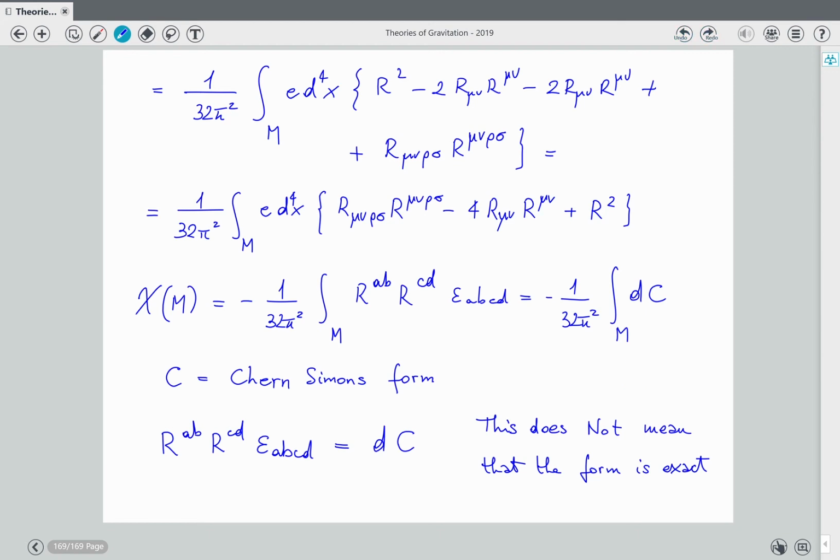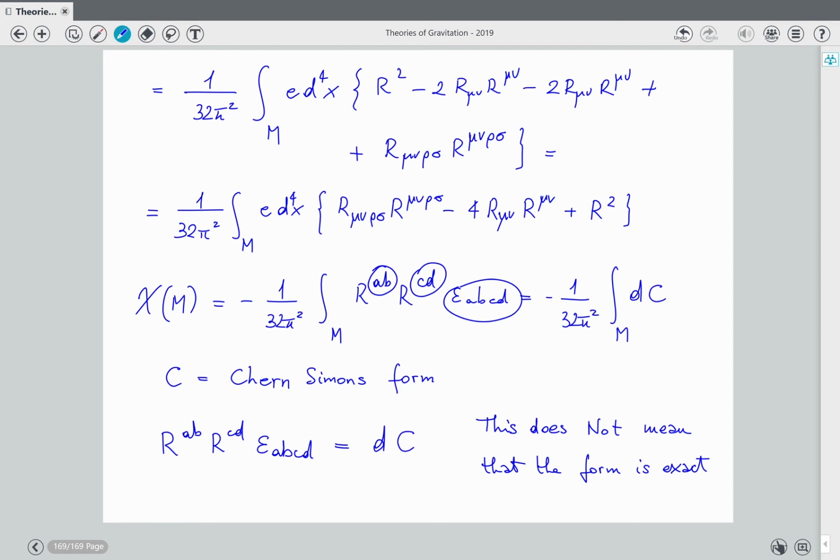And again, this is due to the fact that even if this form is written as a form, so it's very nice from the point of view of diffeomorphisms, it's intrinsic, changes of coordinates are intrinsic, it's not written intrinsically in an invariant way as far as flat space indices are concerned.